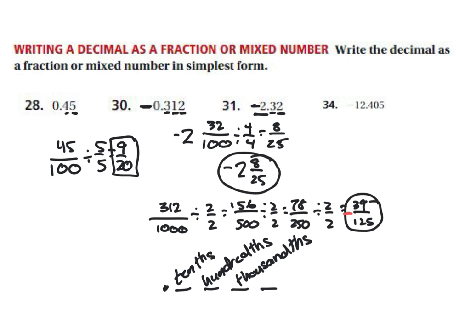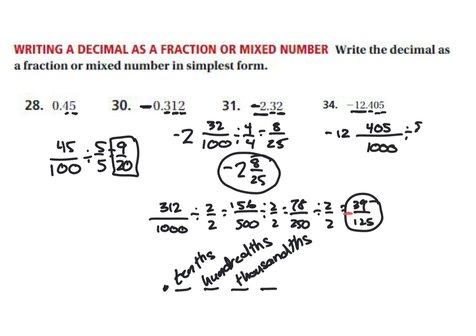And then for number 34, we have this negative 12 out front, so let's not forget that at the end. And we have a place value that has a digit in the tenths, the hundredths, and the thousandths. So we're going to have negative 12 and 405 1,000ths.